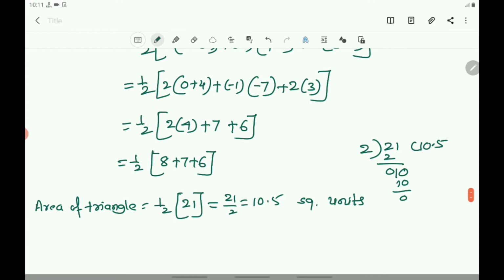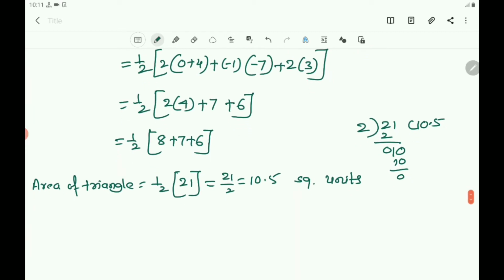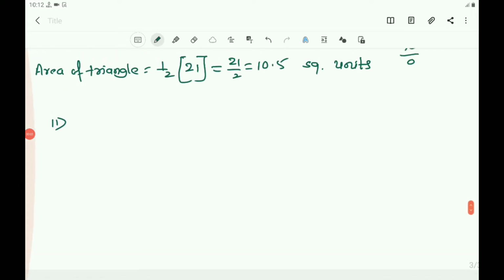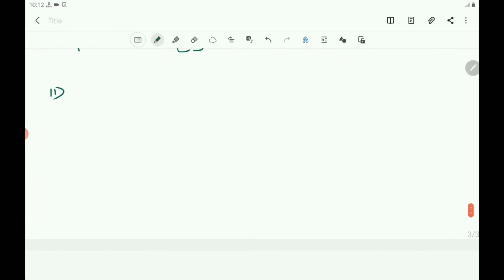This way you got the area of the triangle when the 3 vertices are given. Then the second one, the coordinates are (-5, -1) and (3, -5).